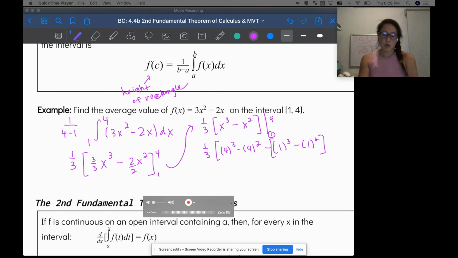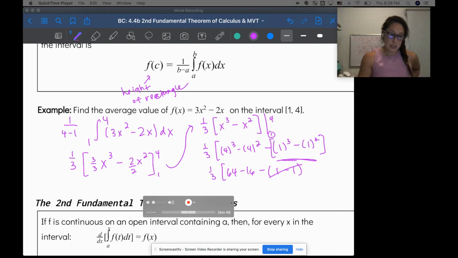Make sure we're subtracting all of the second expression, so we need to put it in parentheses. Okay, so I get 1/3 times 64 minus 16, and then this is minus 1 minus 1, which is 0. Woohoo! So 1/3 of 64 minus 16 is 1/3 of 48, which is 16.